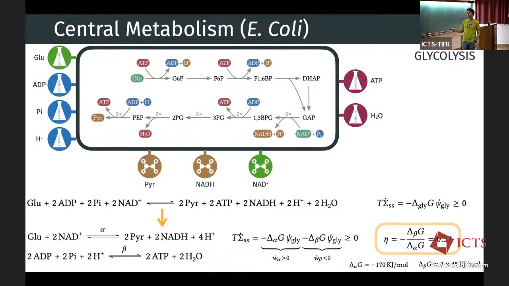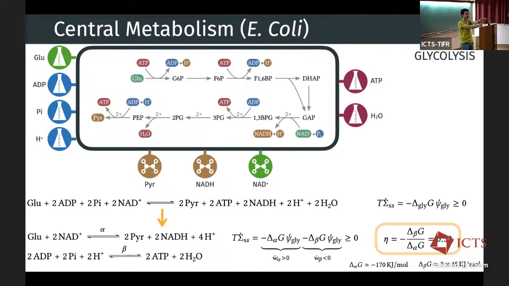And we can define an efficiency by comparing the ratio between these 2 work sources, assuming that one is positive and one is negative. And this doesn't depend on the current, because the current is the same. We have just one reaction, and we are splitting it into 2 processes which occur with the same speed.